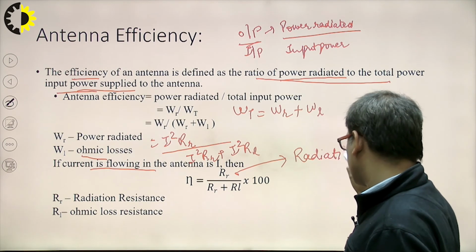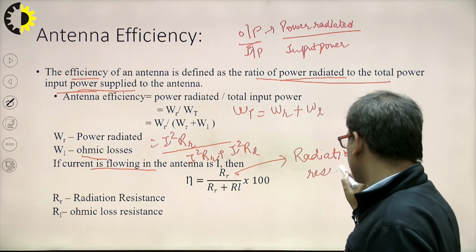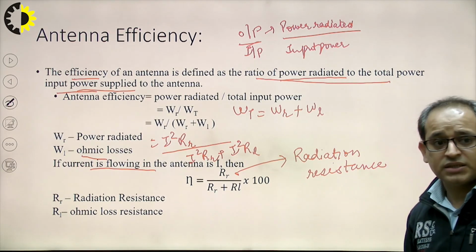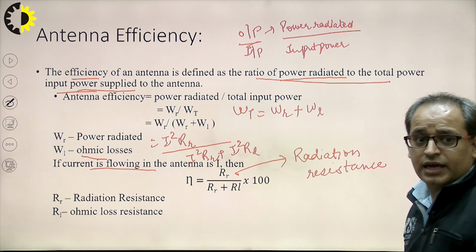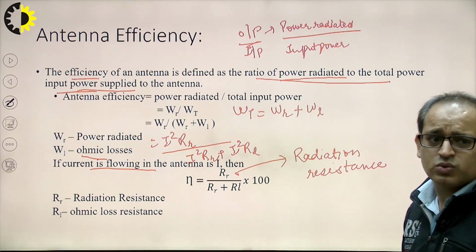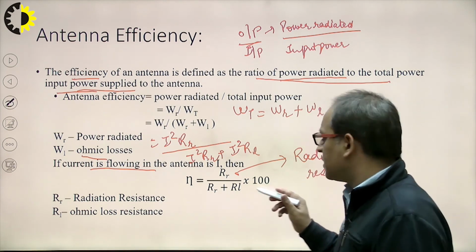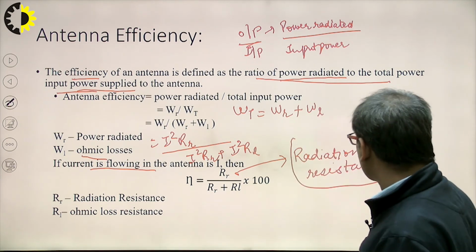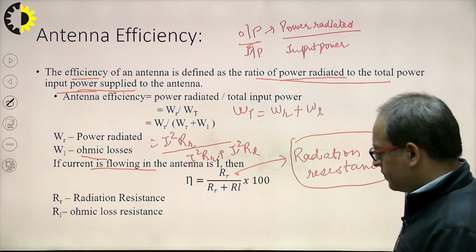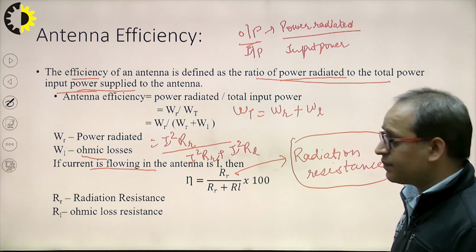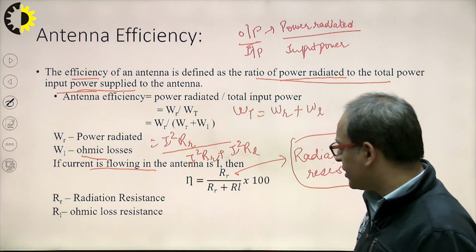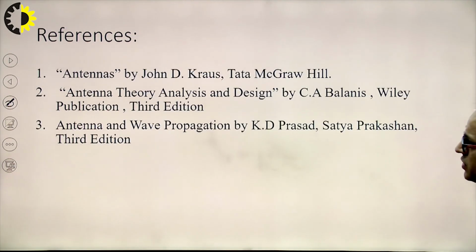Radiation resistance, because it is the coupling resistance between the antenna input terminals and the space. Clear? This radiation resistance has an important role in radiating the signal to the space. So antenna efficiency is equal to what? RR upon RR plus RL multiplied by 100, that is the antenna efficiency.